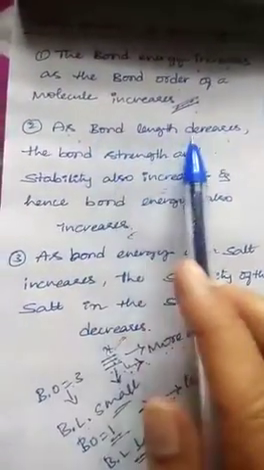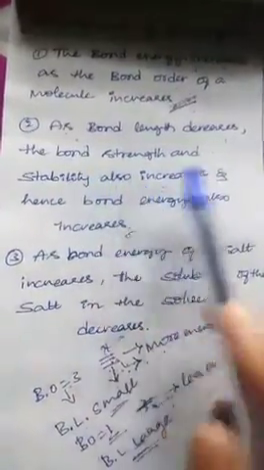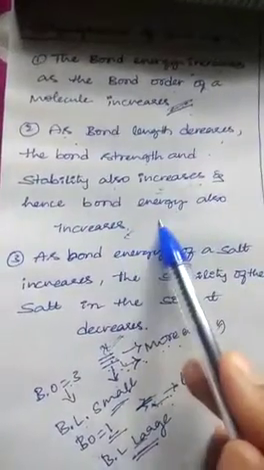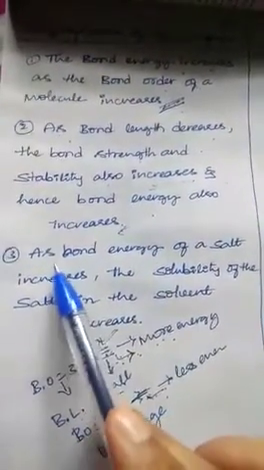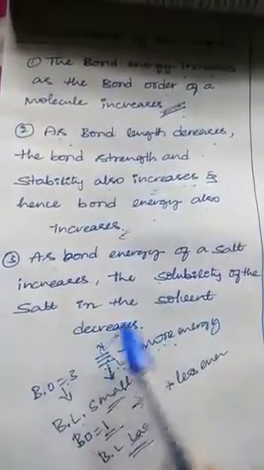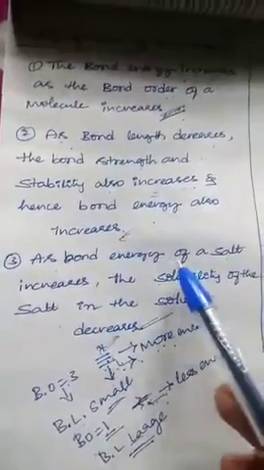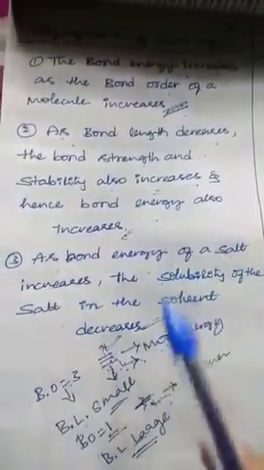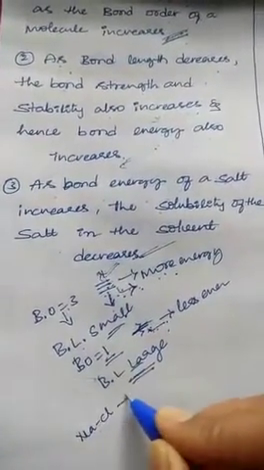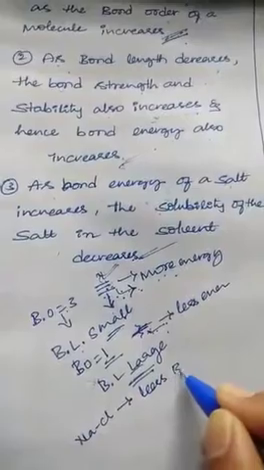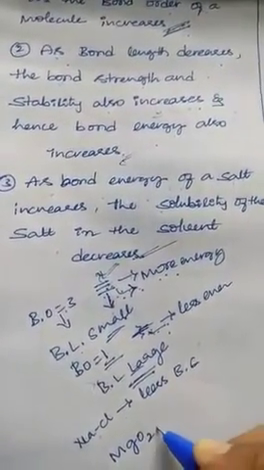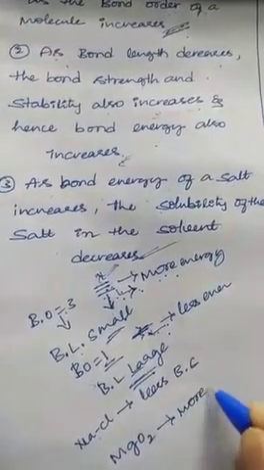If the bond length decreases, the bond strength and stability also increase, and hence bond energy also increases. And third one is, as bond energy of the salt increases, the solubility of the salt in the solvent decreases. That means NaCl contains less bond energy when compared to magnesium oxide, MgO. It has more bond energy.